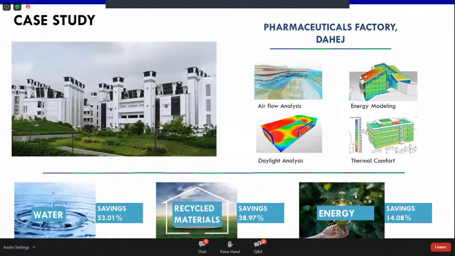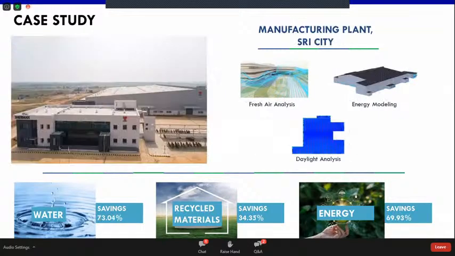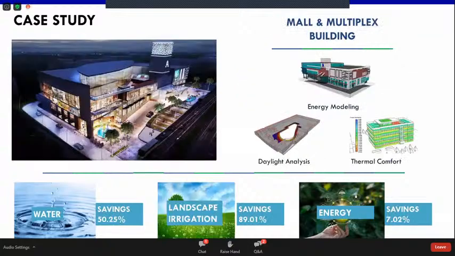And this is a pharmaceutical factory where we have done different analyses like airflow, ventilation, thermal comfort, and daylight. Typically, another manufacturing factory and model multiplex as well.